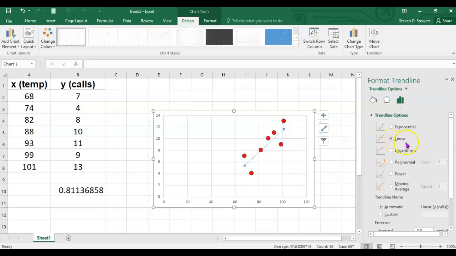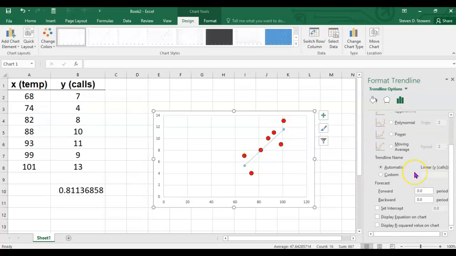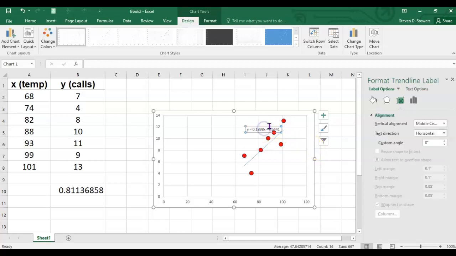Make sure it's selected Linear. See, it's drawn a line, and then if you go down here and check the box next to Display Equation on Chart, it actually makes the equation appear on the chart there.